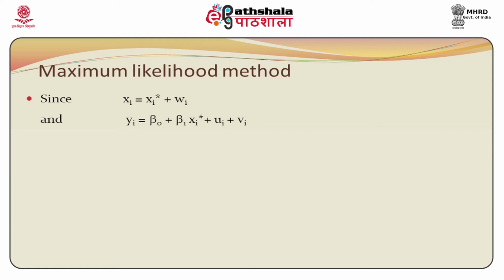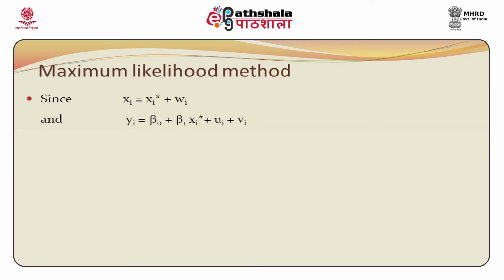Of course, if it is non-stochastic, we can always take it out, but let us take the more general case of xi star being stochastic, and we will assume that xi star is also normal, with mean mu and variance sigma x star square. And we will assume that ui, vi, wi and xi star are all independent of each other. So, there is no correlation between the different errors and also no correlation with the explanatory variable.